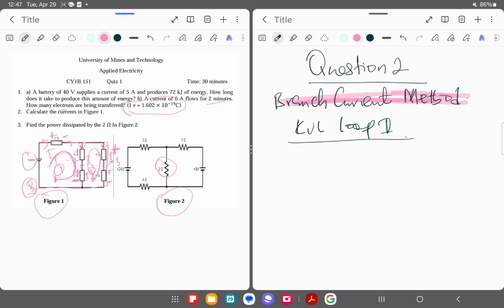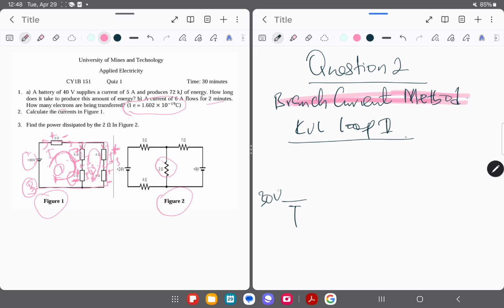Let me do that, as that will simplify things. I'll simplify the 5 ohms and 2 ohms here, because you can see the same current I2 is passing through the 5 ohms and then the 2 ohms. Because it's the same current, you can add 5 and 2 so that you get 7. So I can get this circuit diagram of this nature.